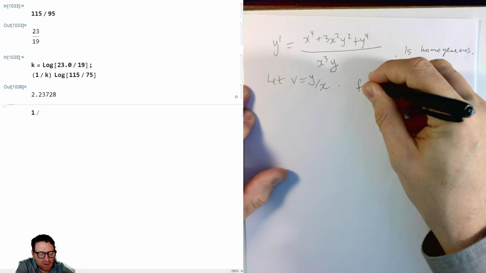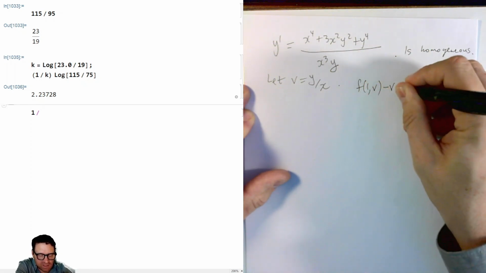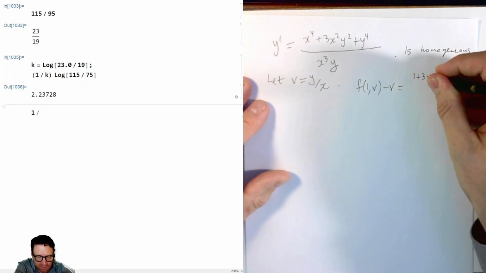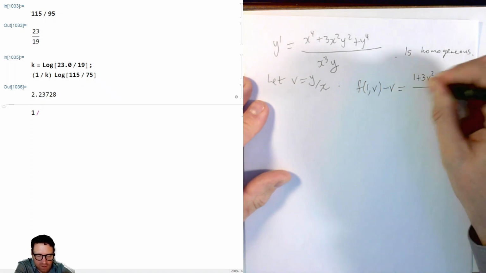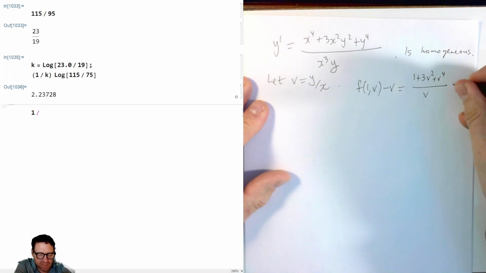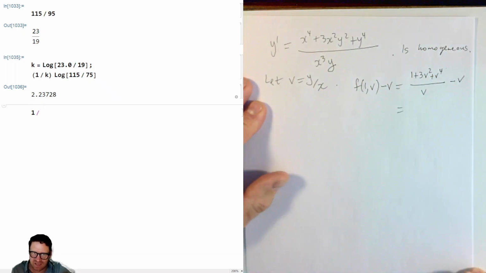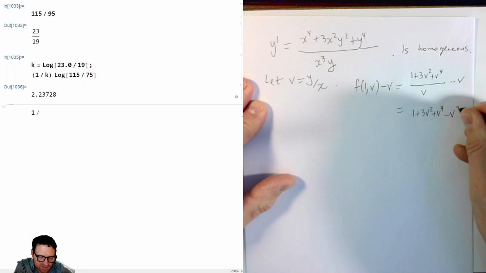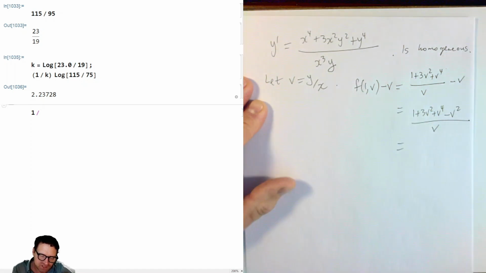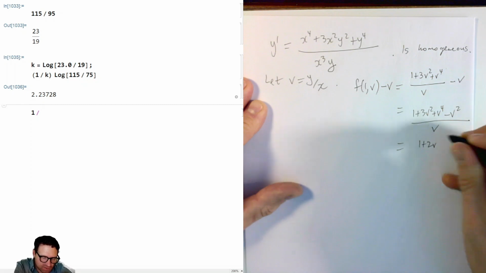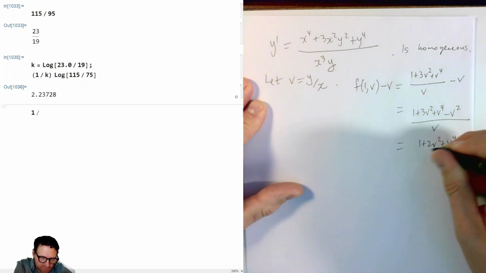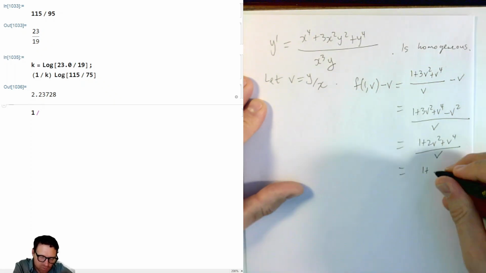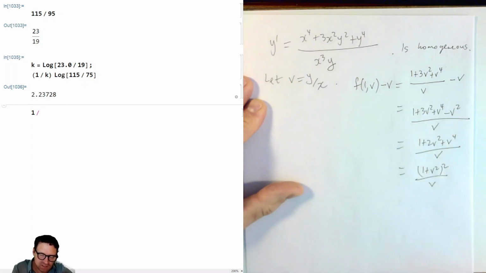And so f of 1 v minus v is 1 to the 4th plus 3 1 squared v squared plus v to the 4th over 1 cubed v, and then subtract v, and so this is equal to 1 plus 3v squared plus v to the 4th minus v squared all over v, which is 1 plus 2v squared plus v to the 4th all over v, which we can pack up into a perfect square in the numerator as 1 plus v squared all over v.